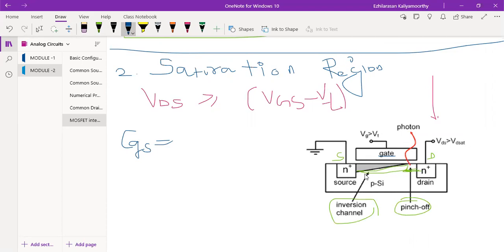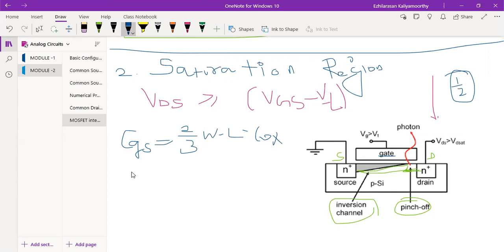You see completely. Earlier we said 1/2 because we divided half between the source and the drain in the linear region. Now what happened here? The size is the same, but here it is not that much. So you'll get 2/3 times W L into Cox as your CGS.